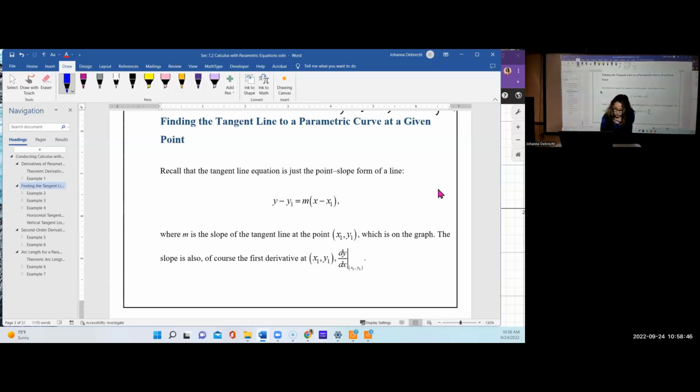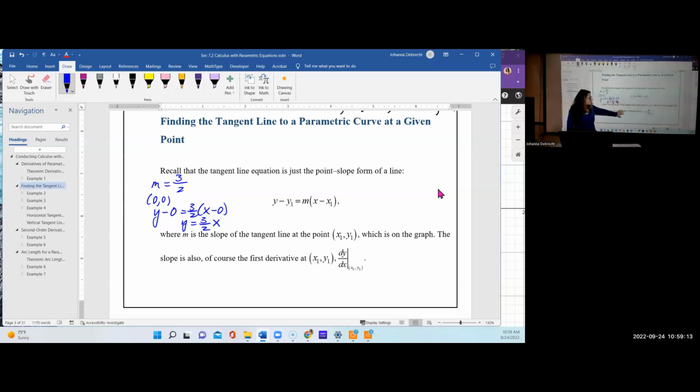So for example, on the one we just did, we found the slope to be 3/2 at the origin, which means the equation of the tangent line is going to be y equals 3/2 x, right? And that gives us the equation of the tangent line at that particular point. So it gives you the equation of that blue line that I drew.